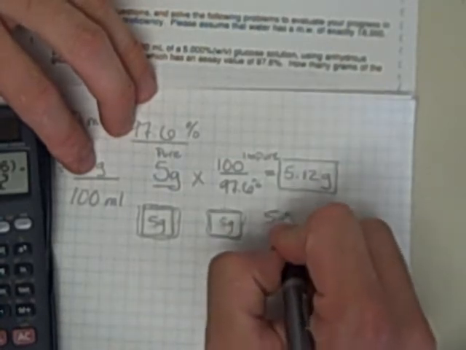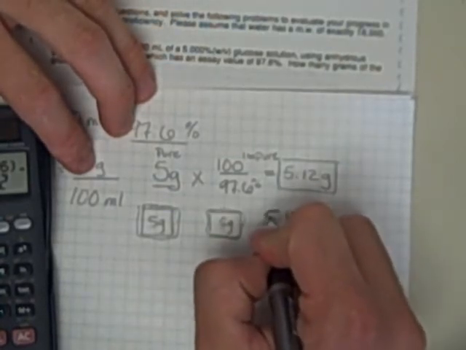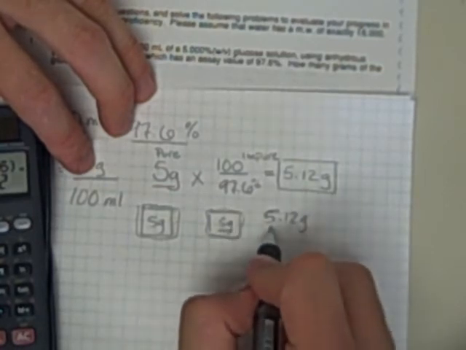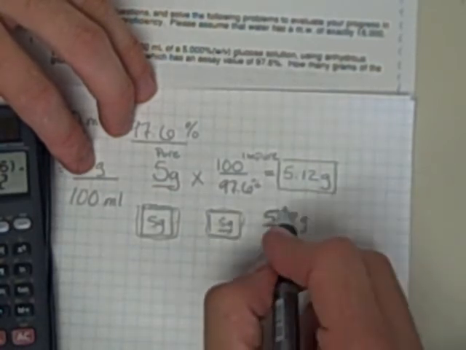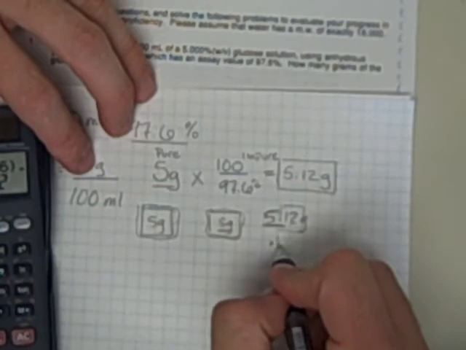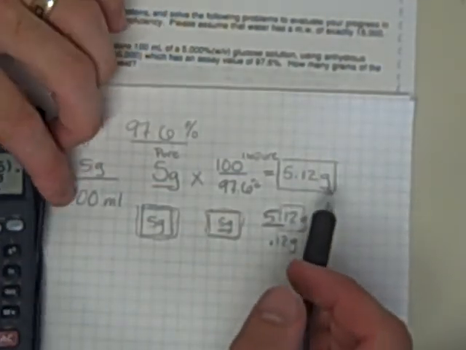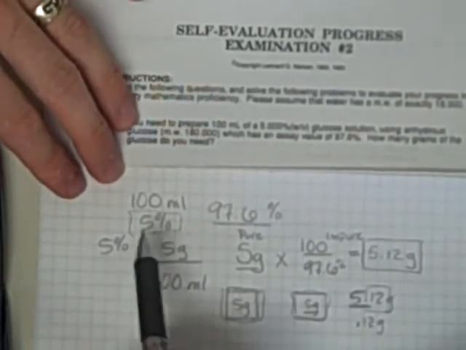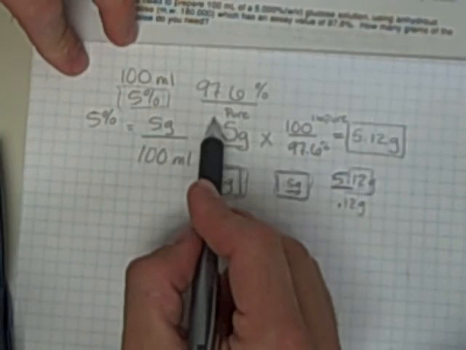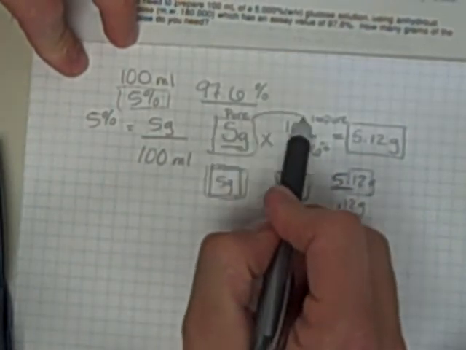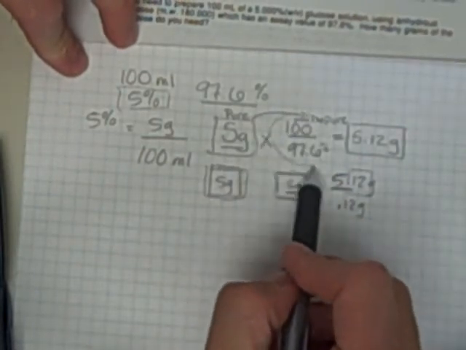Out of my 5.12 grams, the 5 grams of glucose are accounted for, and then I'm taking into account another 0.12 grams of that other stuff that isn't going to contribute to the 5% solution that I'm trying to make. So that's going from a pure amount to an impure amount, and we just do that by multiplying the pure quantity times 100 over my percent assay or percent purity.